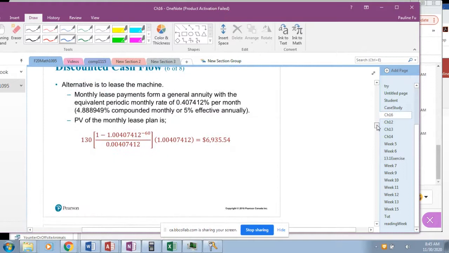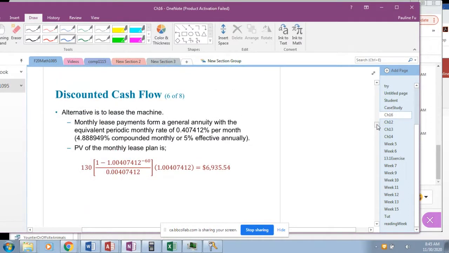For alternative 2, that is an annuity, and you have to use the general annuity because the interest rate is compounded annually while payments are monthly. So let's do the calculator method, then we come back to the formula method.